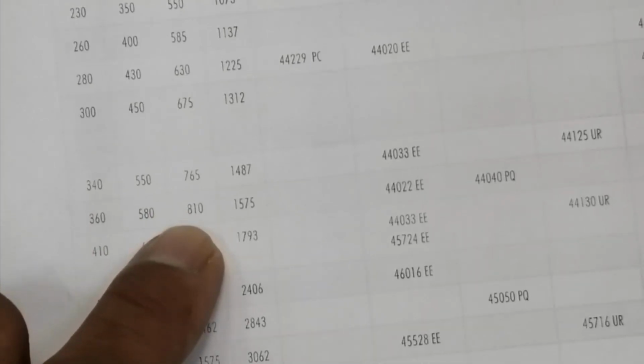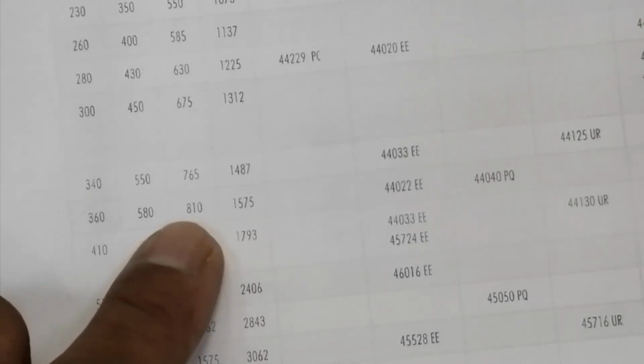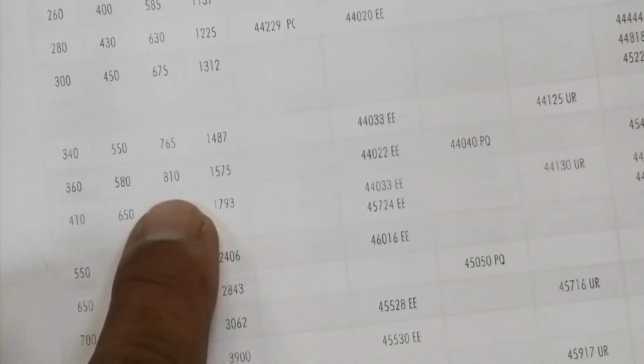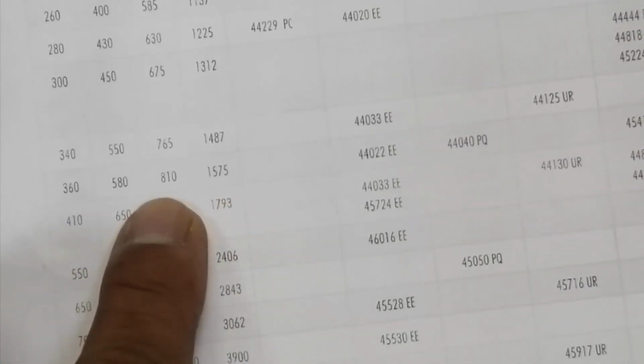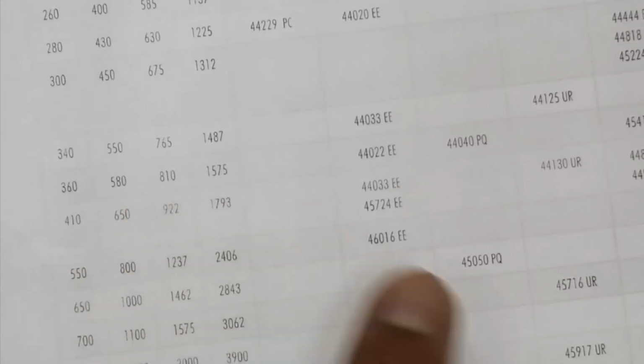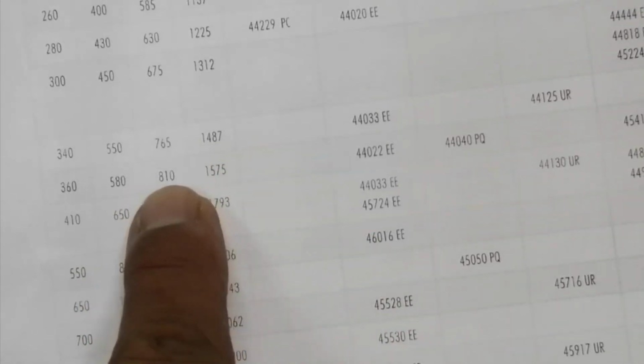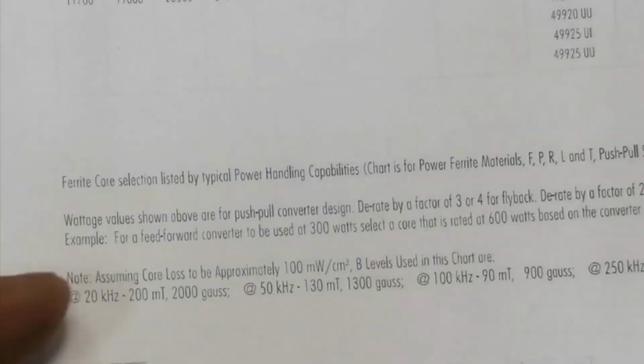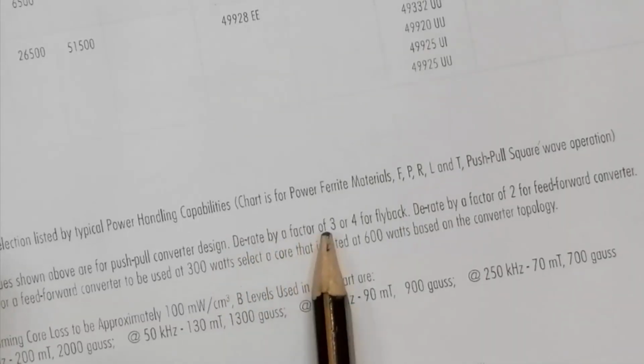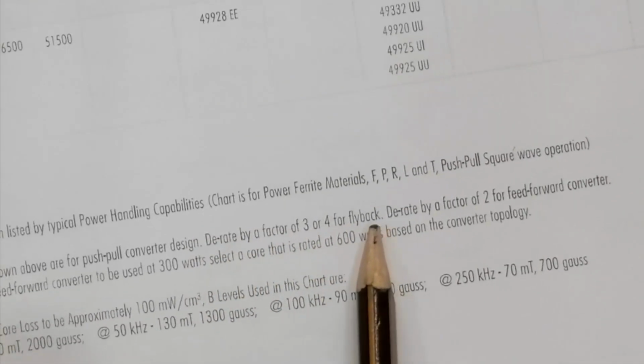For example, dividing by 4 gives around 200 watts, so it will handle power at 200 watts. If we divide by 3 or 4, it will handle 200 to 260 watts. So derate by a factor of 3 or 4 for flyback.